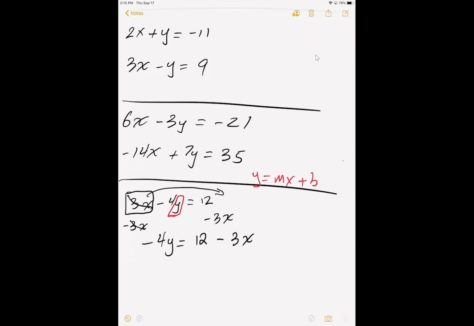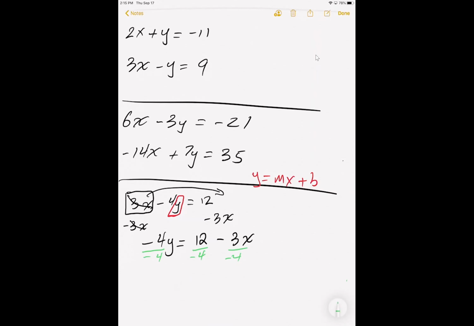Now, what do I need to do to get rid of this negative 4? I need to divide, because I only want to get rid of one item. Because of the 4 and the y, I don't want to get rid of the y. I only want to get rid of the negative 4, and to get rid of a portion, I need to divide.